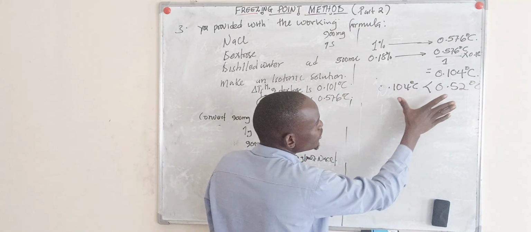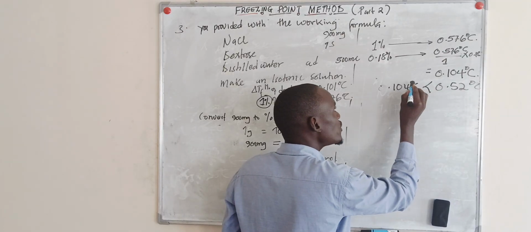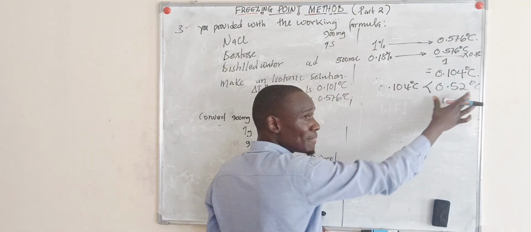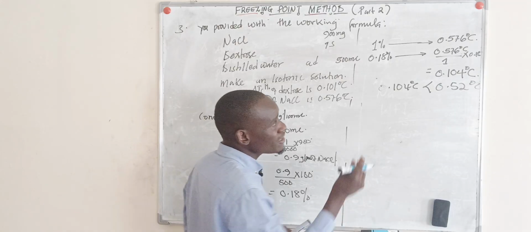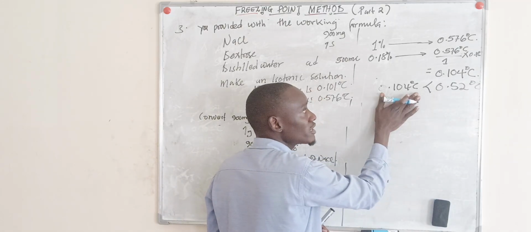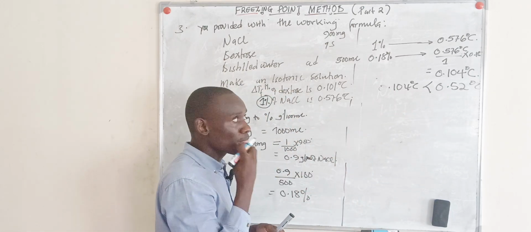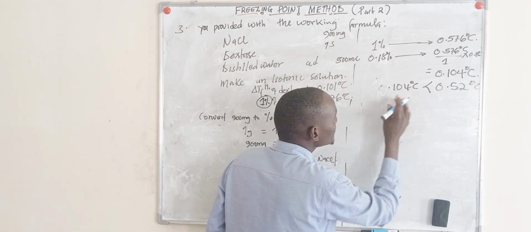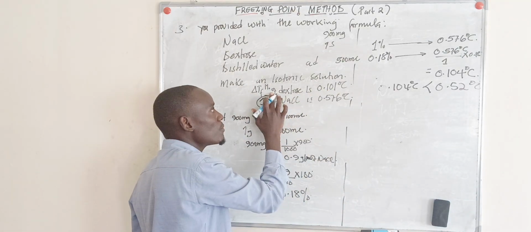And when you bring the two, you realize that 0.104 degrees C is far less than that required for a solution to be isotonic. So that means we are going to adjust our solution to isotonic because from our view, it tells us that the solution is hypotonic.